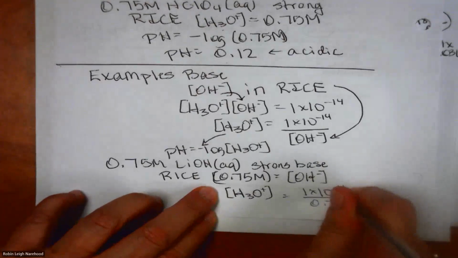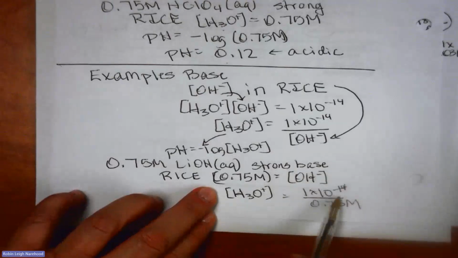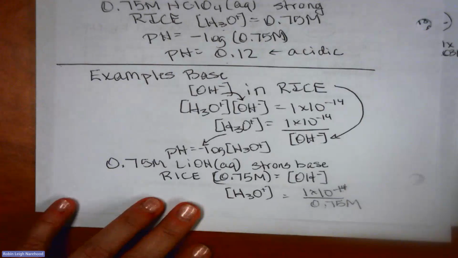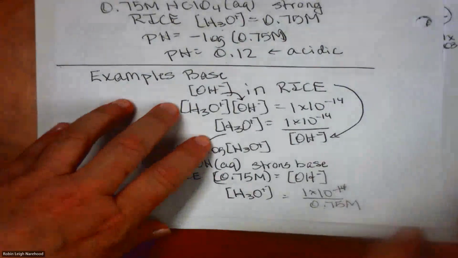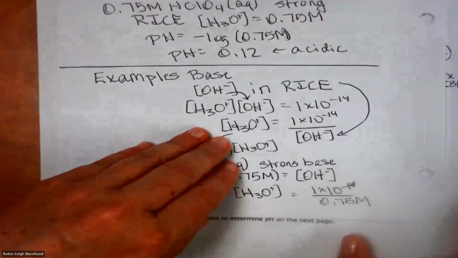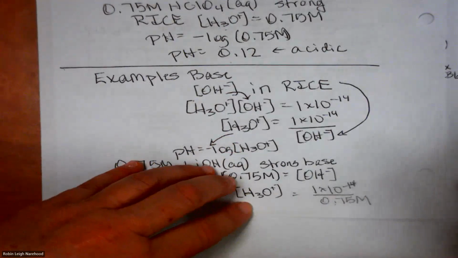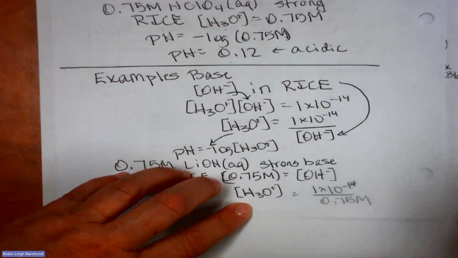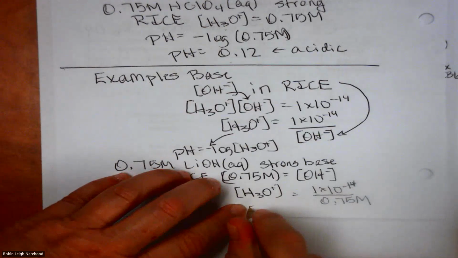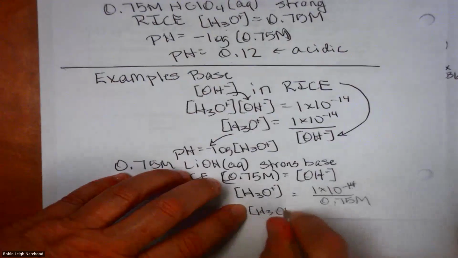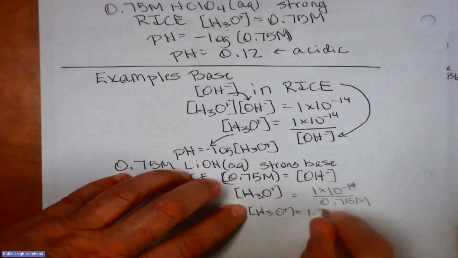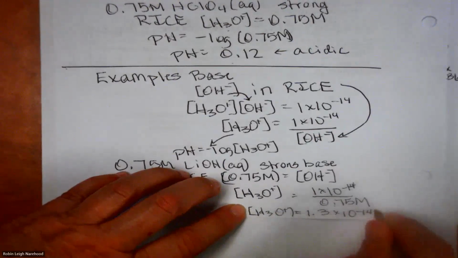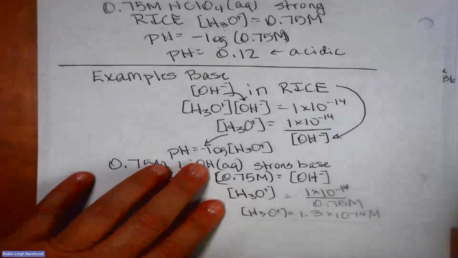So it's a 1 right there. 1 times 10 to the negative 14 divided by 0.75 is going to be our concentration of hydronium. So 1 EE negative 14 divided by 0.75 equals 1.3 times 10 to the negative 14. That is so small.